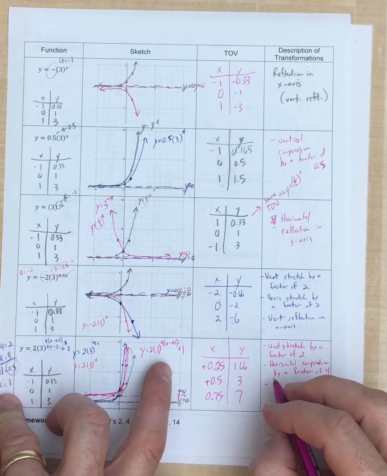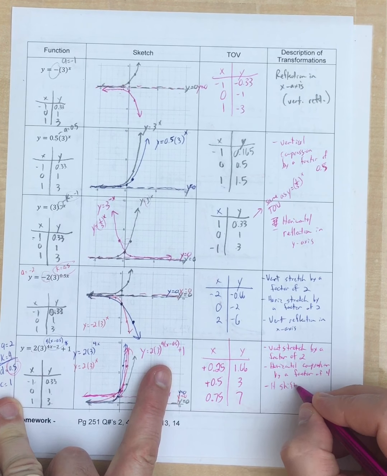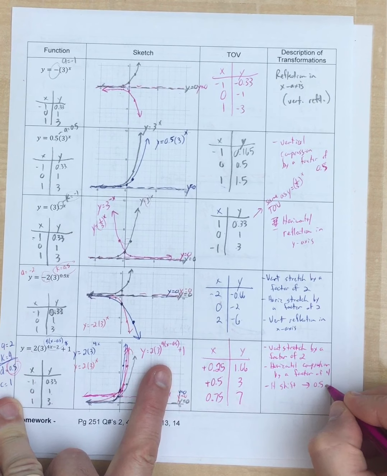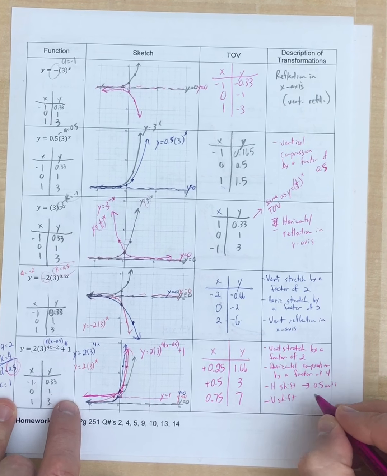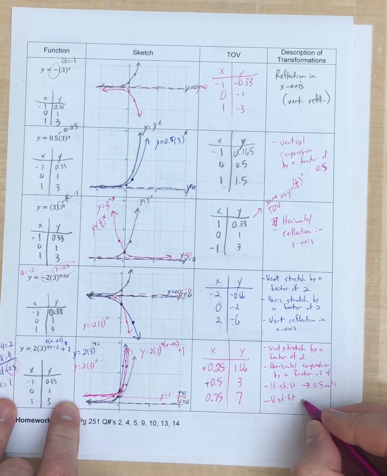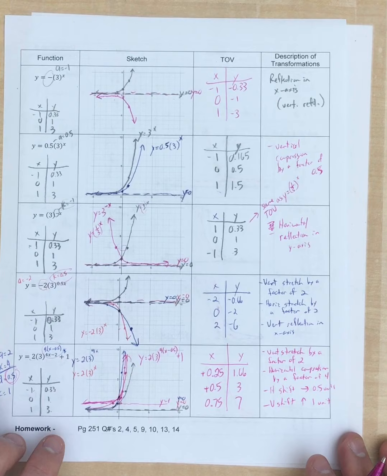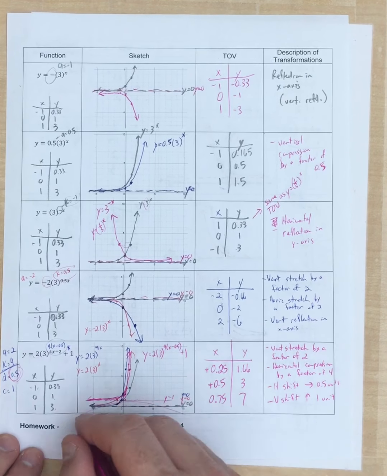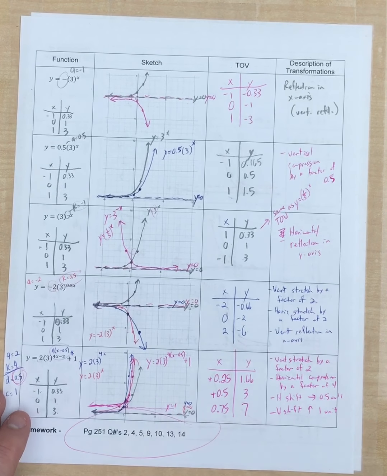We've got a horizontal shift to the right, 0.5 units. And then we have a vertical shift up 1 unit. Okay? And that's our transformations, and that's our homework, and I want you to try some of these guys out. Have fun with that.